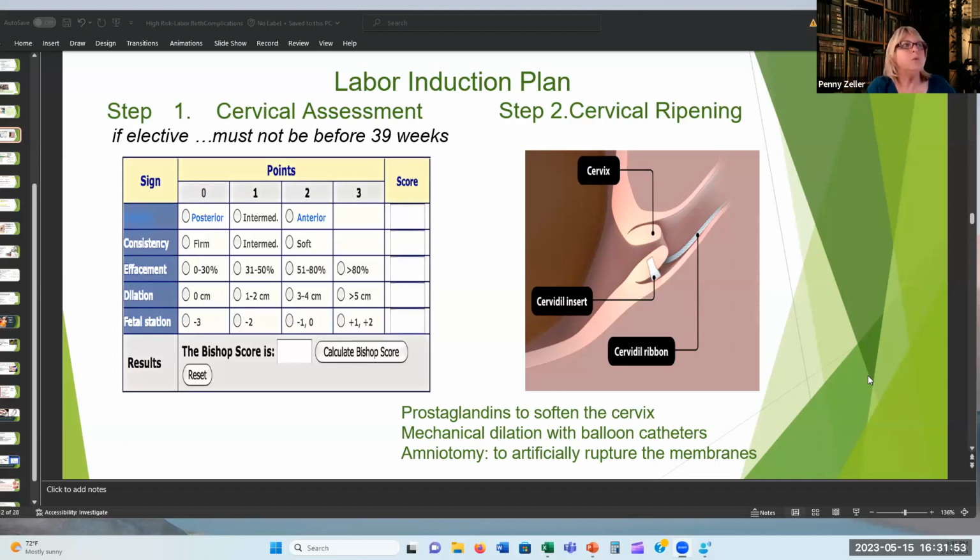We can also do mechanical dilation, similar to using a Foley catheter and slowly inflating it over a period of time. It causes that cervix to open up. And we can do an amniotomy like we talked about at the beginning of class. Sometimes just rupturing the membranes will start labor. This is what we call induction of labor, or ripening the cervix first.